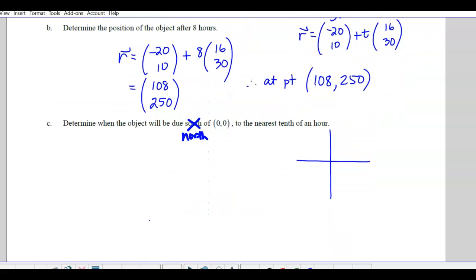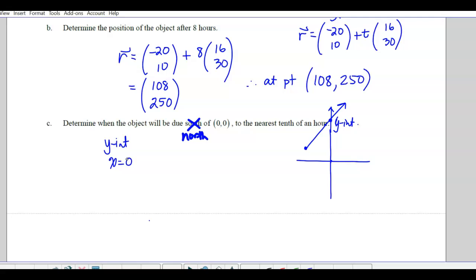So original initial point (-20, 10), and then 60 for x, 30 for y, so it's going in this direction. So we're wanting to know where it's north of (0, 0), and so this is going to be the y-intercept. So we want the y-intercept, which means when x equals 0.